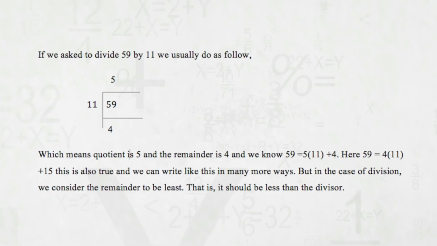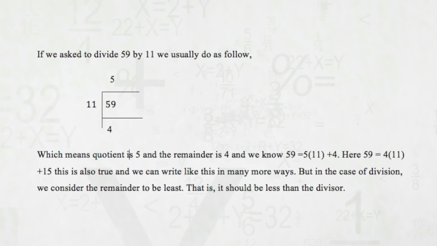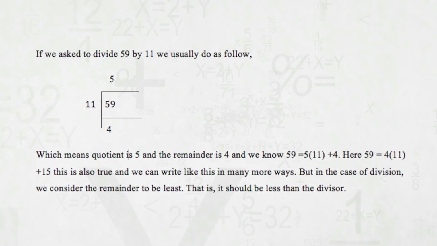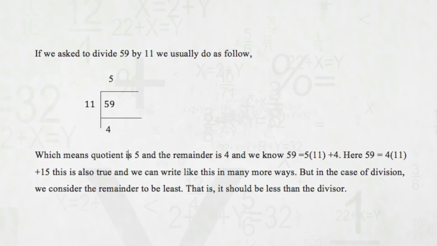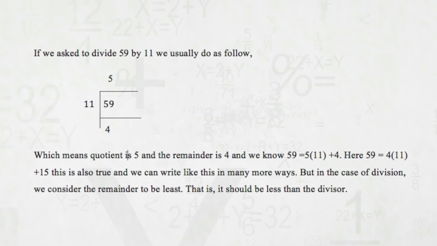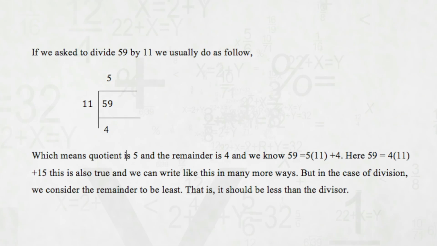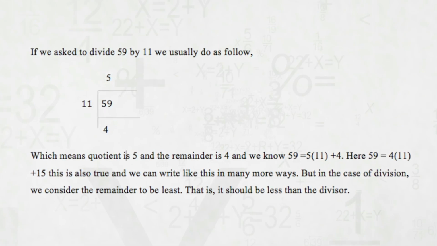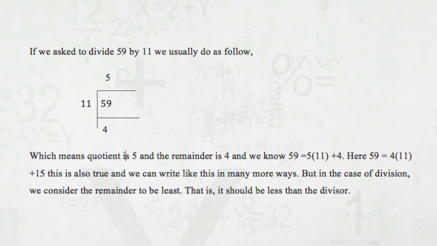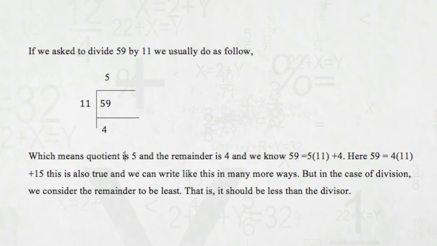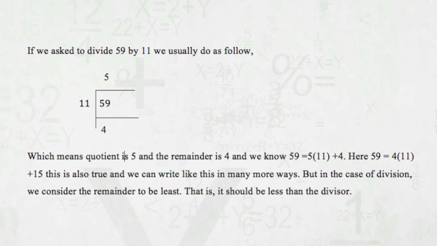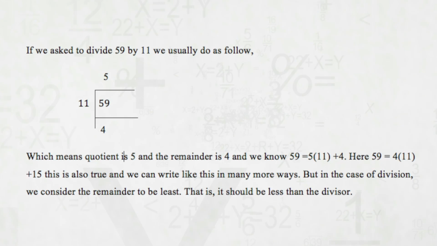If we are asked to divide 59 by 11, we usually do as follows. We divide 59 by 11, and we get the quotient to be 5 and the remainder to be 4, which means we can write 59 as 5 multiplied by 11 plus 4. Here, 59 is equal to 4 multiplied by 11 plus 15.